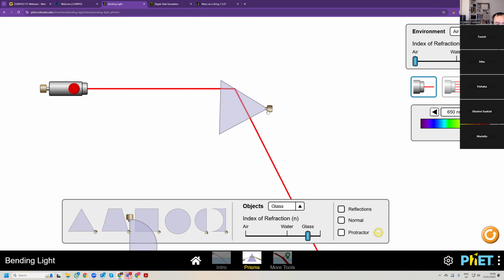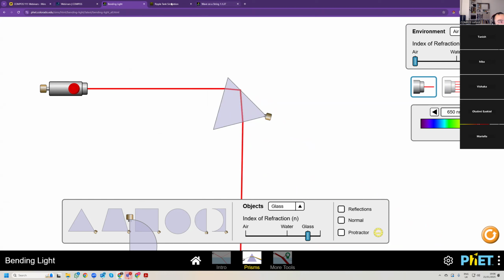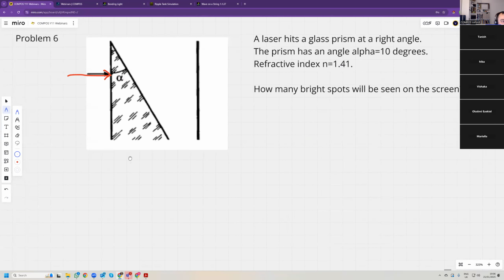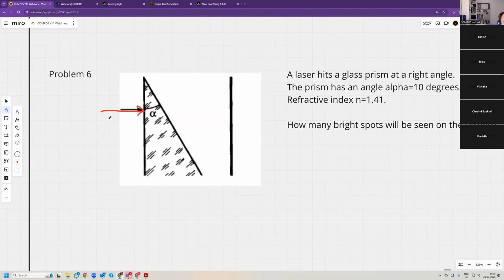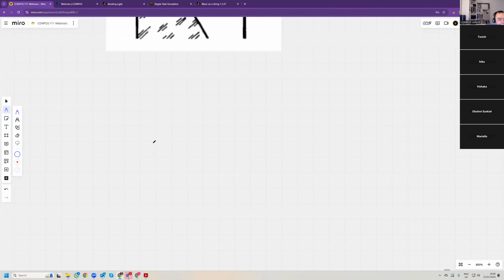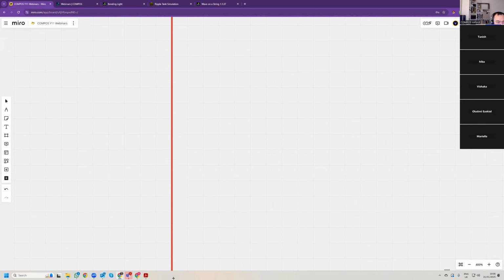I can't change that angle, unfortunately. So how it goes, that light, let me make another picture. And I think it's one of the questions on the assignment. At least it's very similar to one of the questions on the assignment.